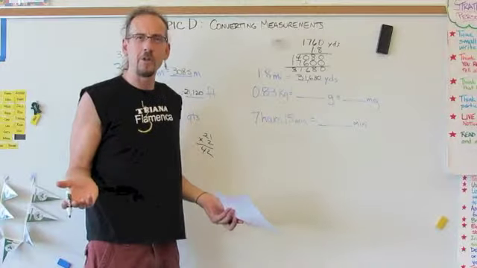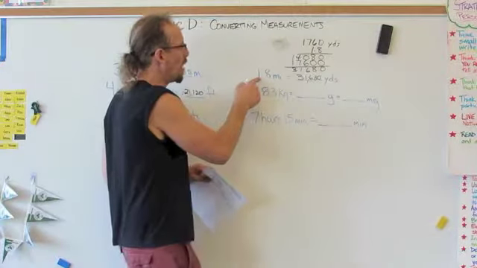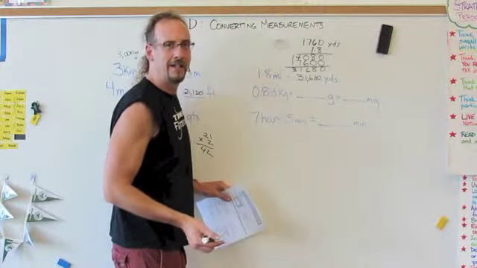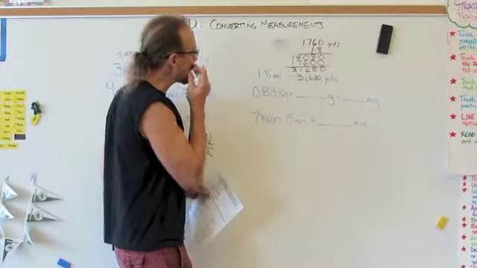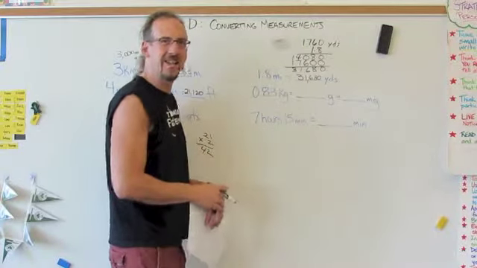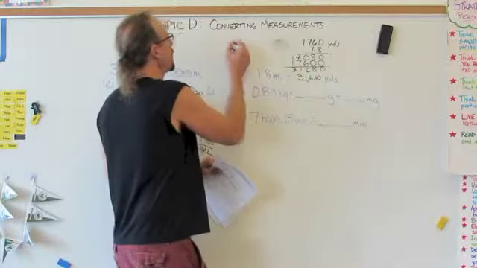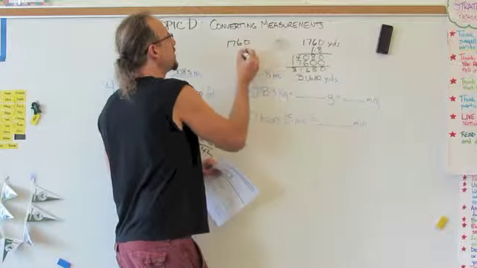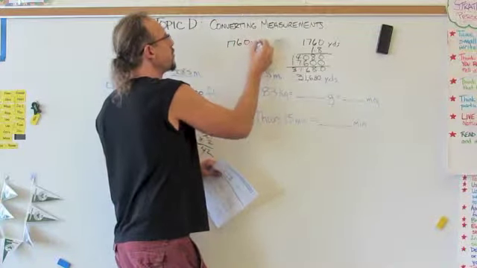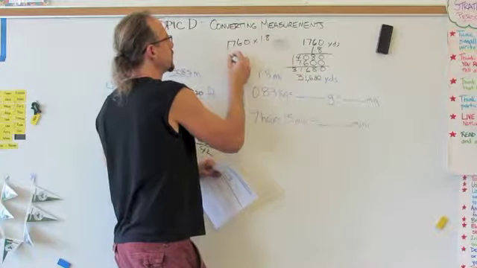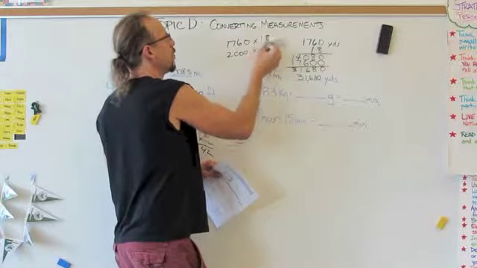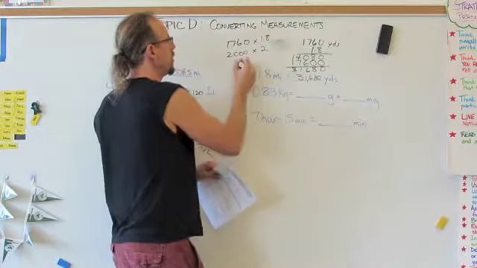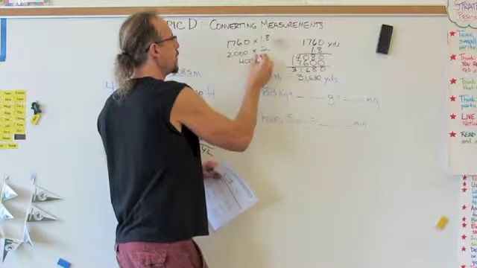There can't be 31,000 yards in 1.8 miles. And we're going to help kids to look at that and say, wait, that doesn't make any sense. It's not reasonable. Let's estimate. 1,760 is really close to 2,000. And 1.8 is very close to 2. So my answer should be around 4,000.